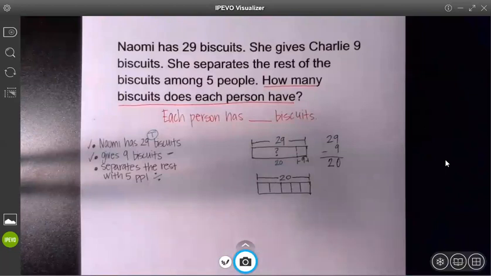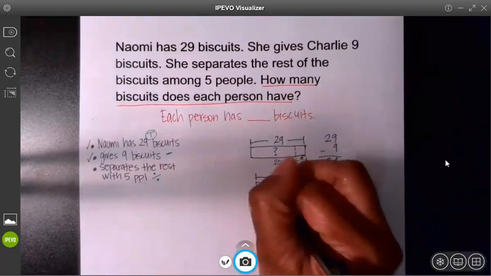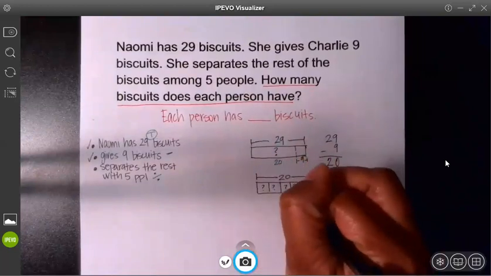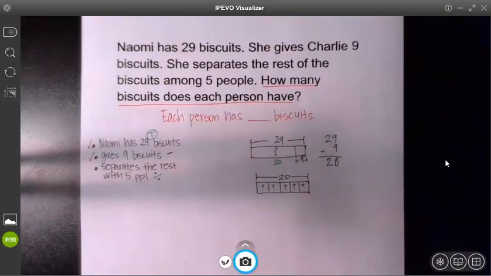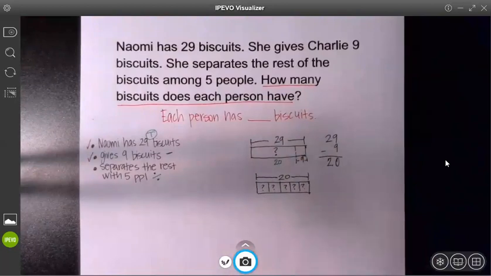But there's a problem with this bar model. We do not know how much each person has. We don't know because these units are representing the people, but we don't know how much they have.